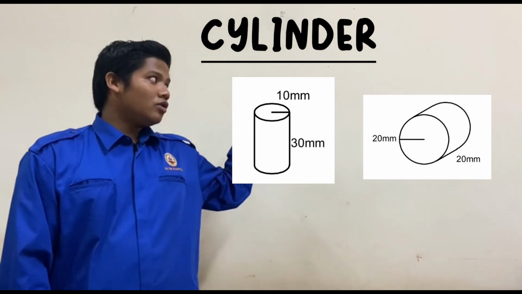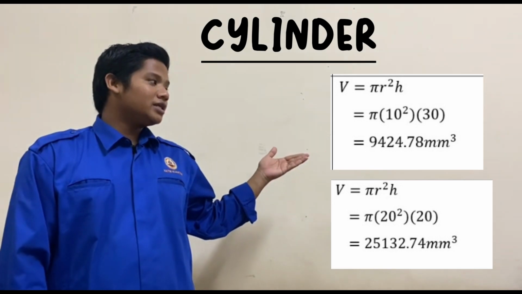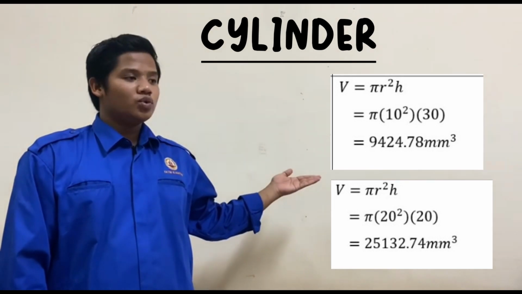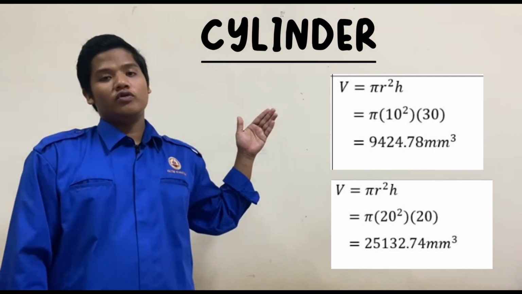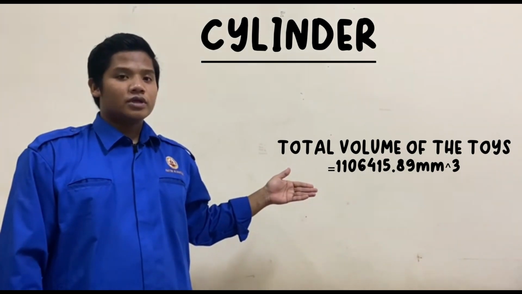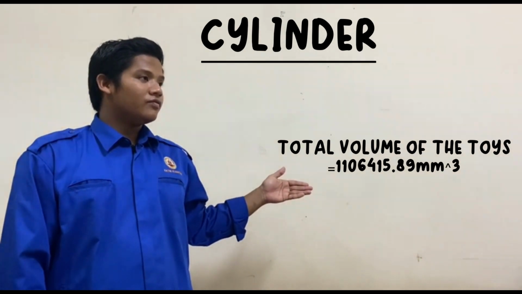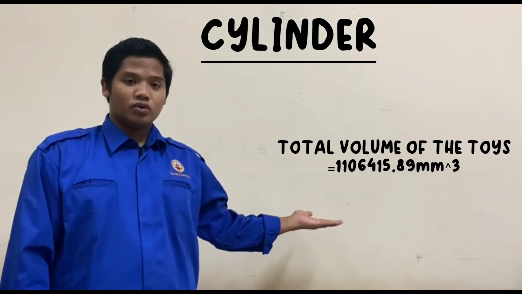Again, substitute all the values into the formula and you will get the volume for cylinder 2 and 3. After all the volume calculations for the toy, we total up all the volumes and we get the volume of the toy that we created as shown below.